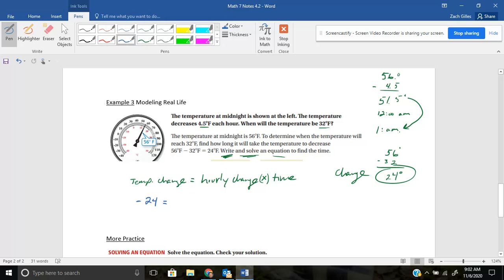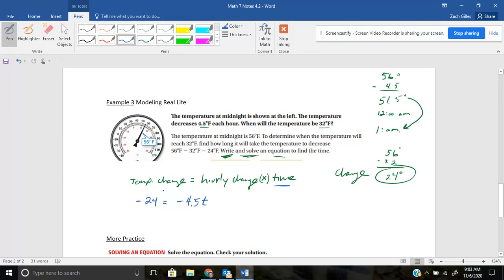It's decreasing 4.5 degrees. So decreasing, I'm going to represent by -4.5 degrees. And I'm trying to find the time. I don't know that, so I'm just going to call that T. Okay. So -4.5 degrees each hour times the time should give me that temperature change.